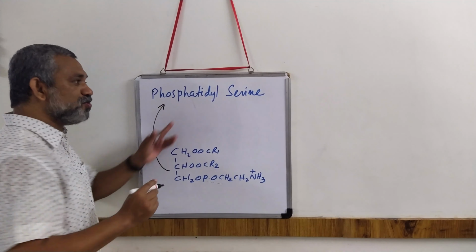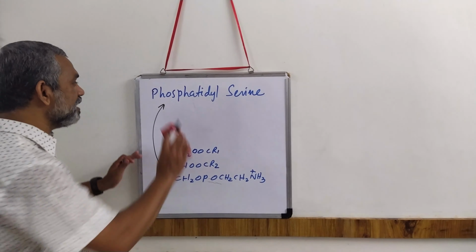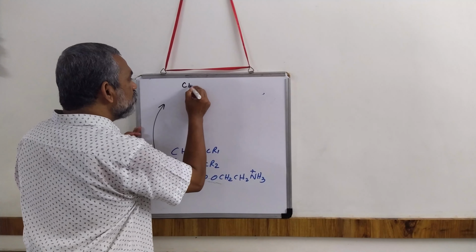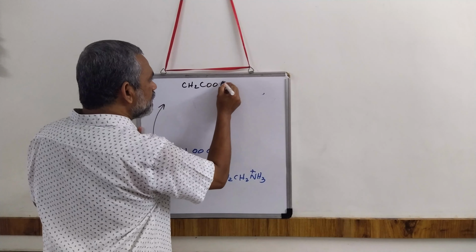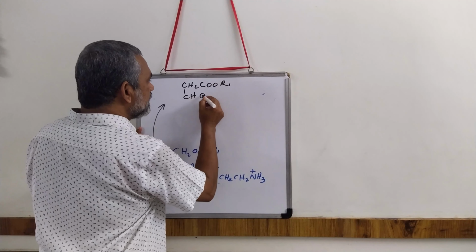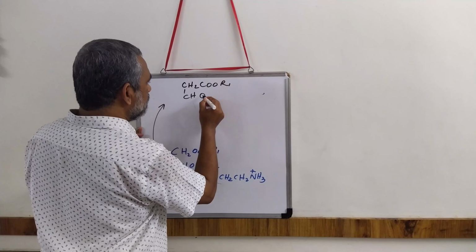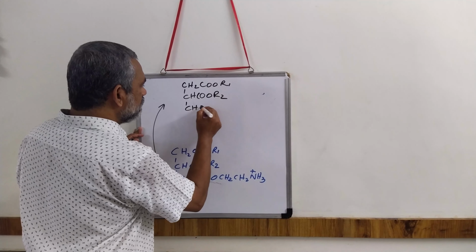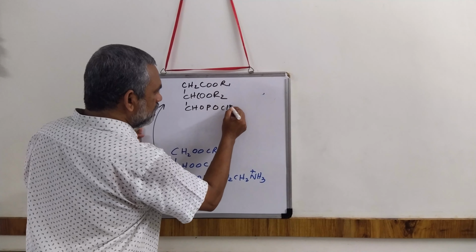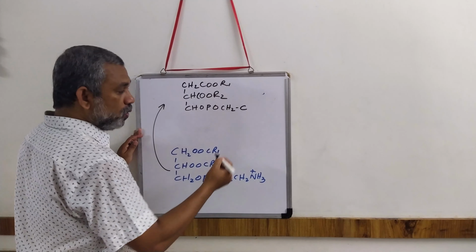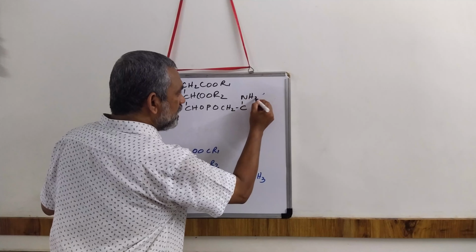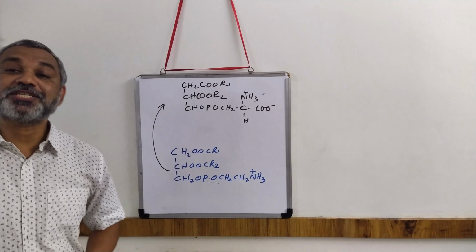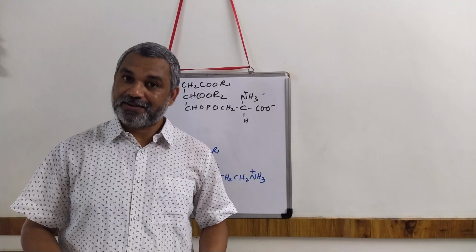Replace this and you will get phosphatidylserine. Let us write the structure of phosphatidylserine. This is the first carbon, second carbon, and this will be NH3 plus H. So this is the structure of phosphatidylserine.